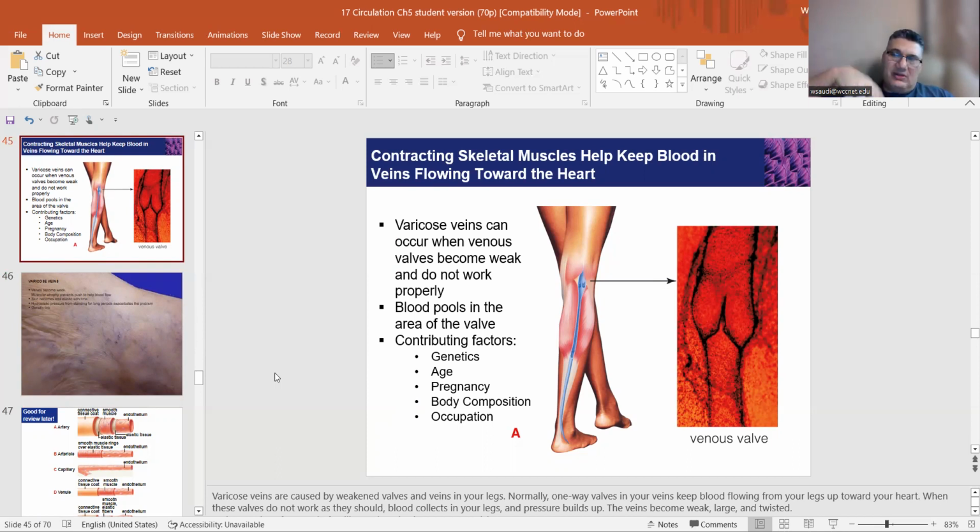The blood is accumulating there, making it wider and more obvious. It has a lot of reasons. I don't want to go through the details, but one of them is the valves are not good enough. So the blood is trying to go up toward the heart in the veins and shouldn't go backwards. If the valves are not good enough, it will go back. Varicose veins, only if you're interested.